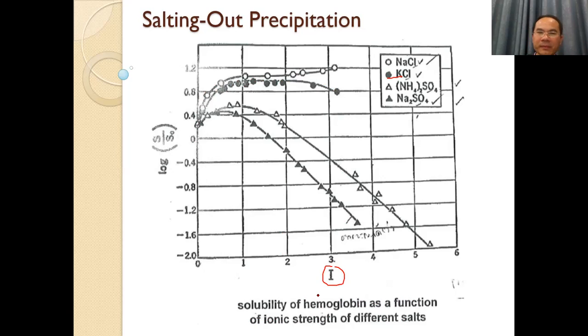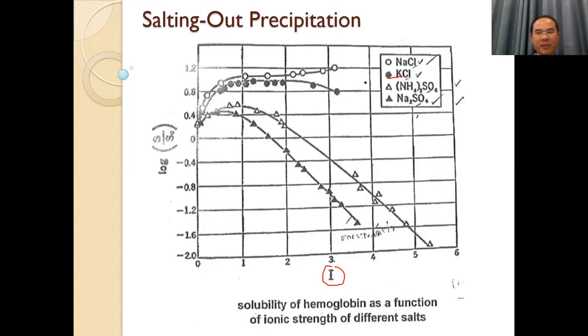For ammonium sulfate and sodium sulfate, we can see a mixture of salting in and salting out. Initially, at about 1, the solubility increases as salt concentration increases, and then when we increase the salt concentration or ionic strength further, the solubility decreases for ammonium sulfate and sodium sulfate.